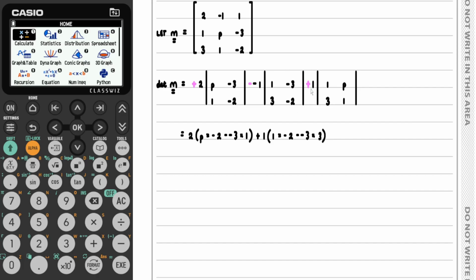And then we've got 1 multiplied by 1 multiplied by 1, subtract p multiplied by 3. Simplifying, we end up with 14 subtract 7p. So, because we know that the planes form a sheaf, the determinant of M is equal to 0, that means we have 14 subtract 7p equals 0, meaning p is equal to 2.